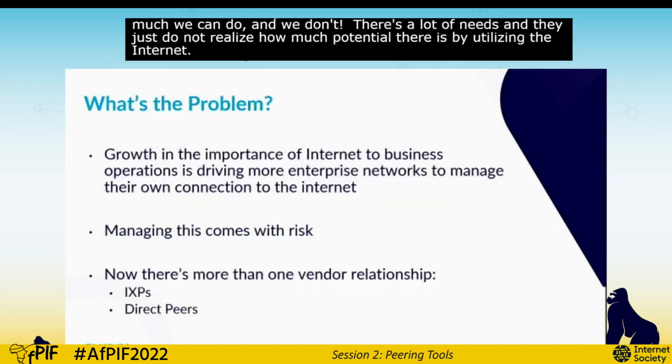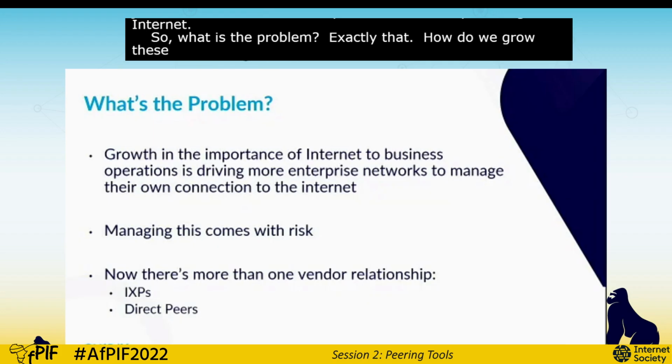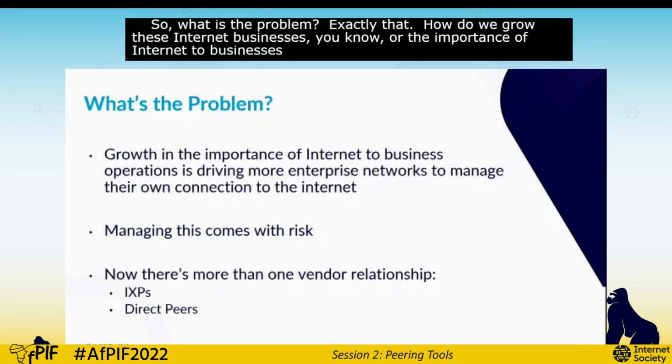So what is the problem? Exactly that. How do we grow these internet businesses, or the importance of internet to businesses? That is quite important to drive the enterprise networks to manage their own connections.